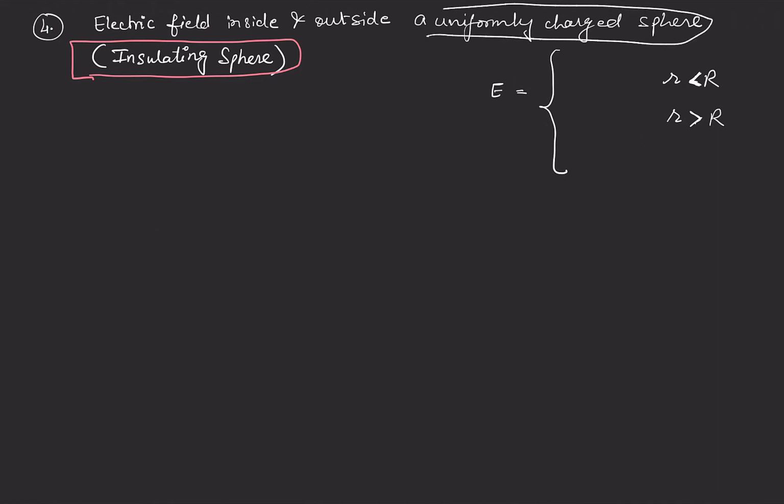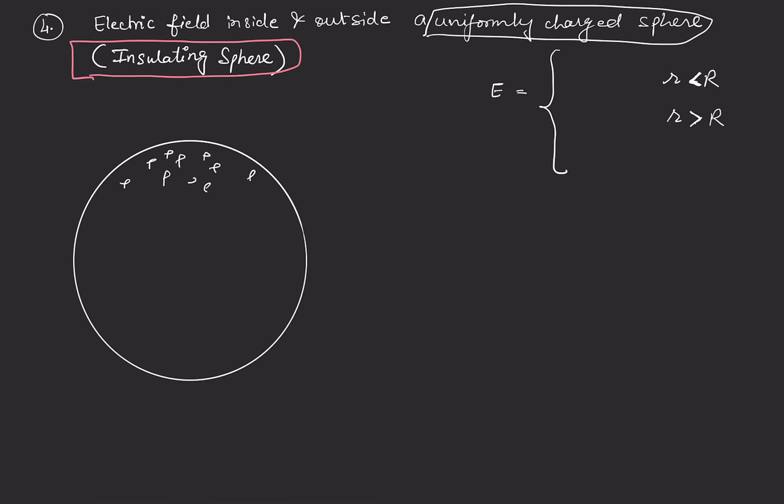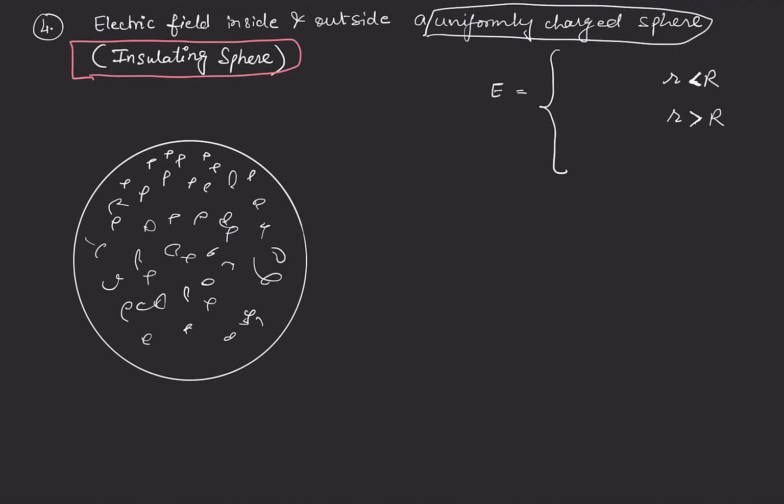What do you mean by uniformly charged? Basically, at every point inside the sphere, the sphere is filled with positive charges, all equally everywhere. You take any volume of this sphere, let's say 1 meter cube, anywhere inside this sphere.